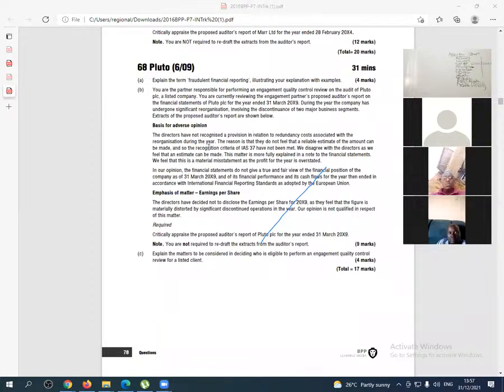One thing that I can tell you, if I give you a high level for you to understand: you can't come and tell us that they have not recognized a provision.